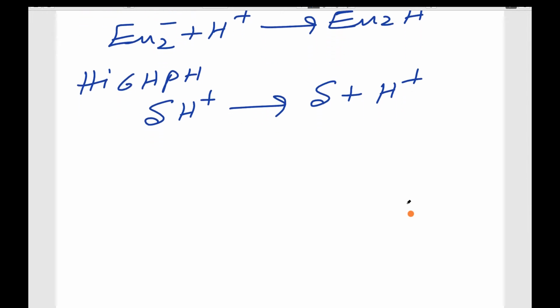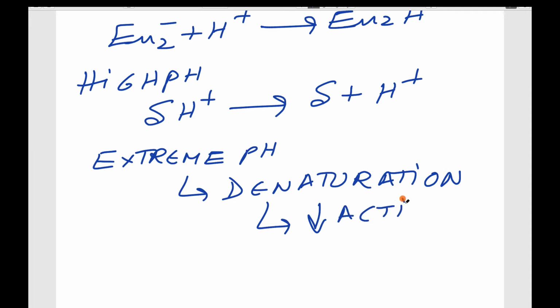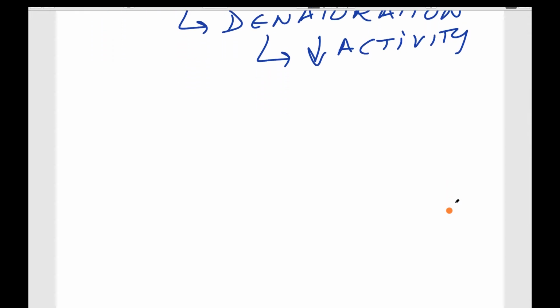Apart from that, at extreme pH, there will be denaturation, as the enzyme is a protein. Once denatured, enzyme activity will be low or almost none. Do all enzymes have the same optimum pH?